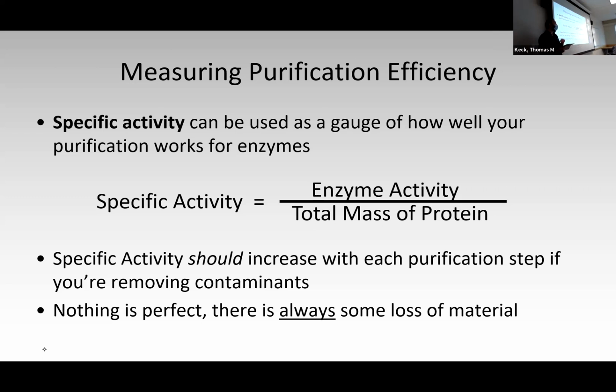So ultimately, if you do one round of purification, you should see a greater specific activity because you should get more enzyme activity per total mass of protein, right? 1 microgram of protein can catalyze X number of reactions. Purified, 1 microgram of protein should catalyze X times some number greater than 1 the next round, right? And so this should continually go up until you hit whatever barriers there are to purification.